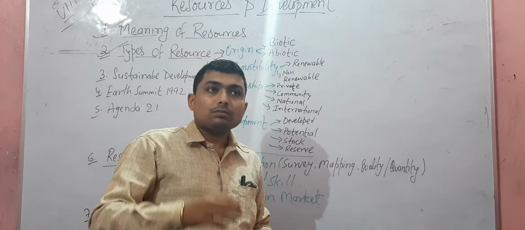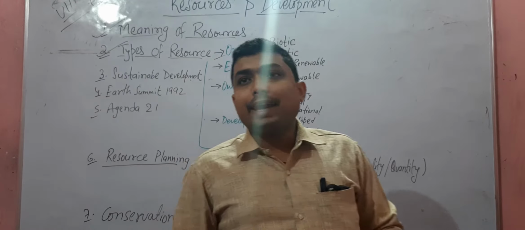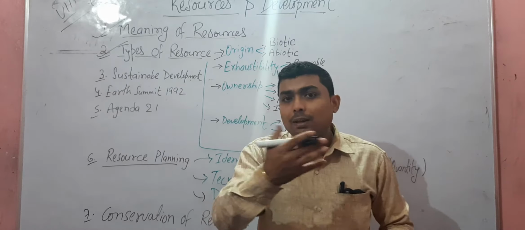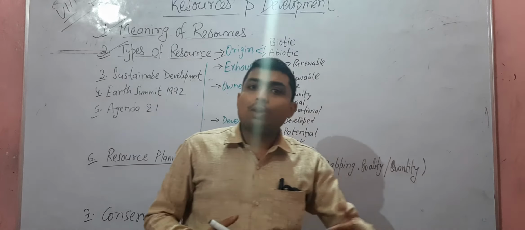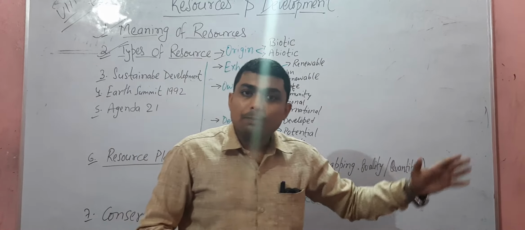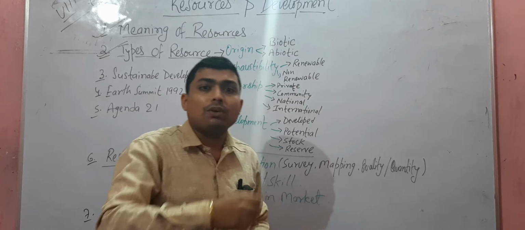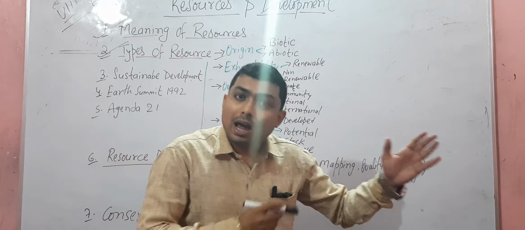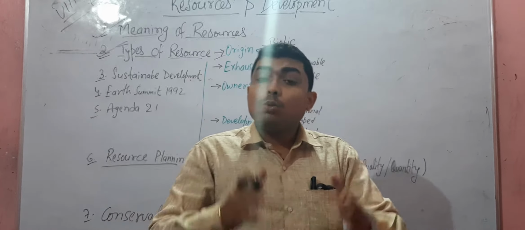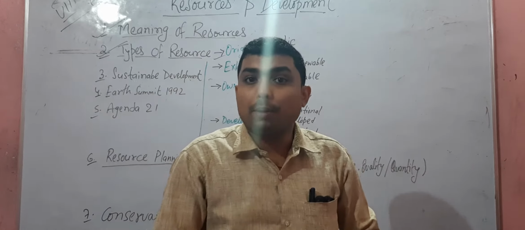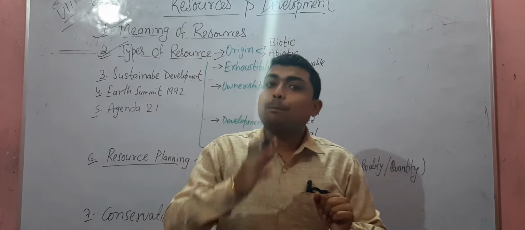For example, in exams, sometimes in school, if you get 80 marks in maths out of 100, sometimes your teacher says in front of your parents that your ward has the capability, the capacity to score 100 out of 100. It means you have that potential to score 100 out of 100 in maths, but you are not using your whole mind power, or you are not practicing to get that. That is exactly the meaning of potential resource.